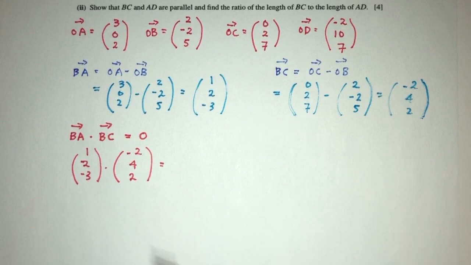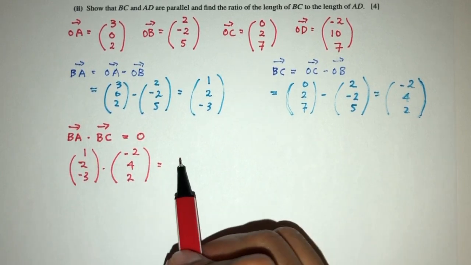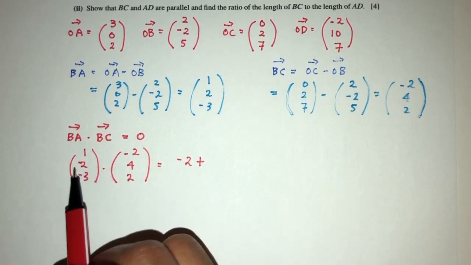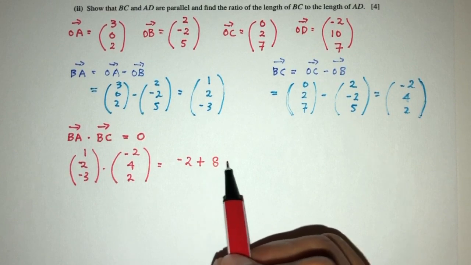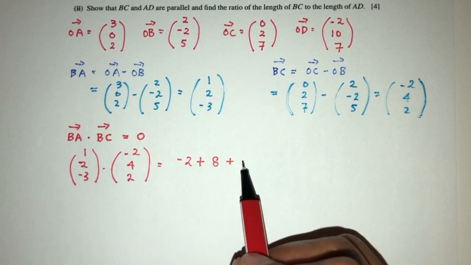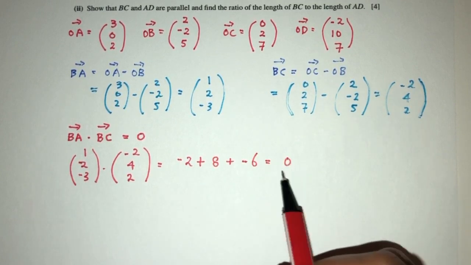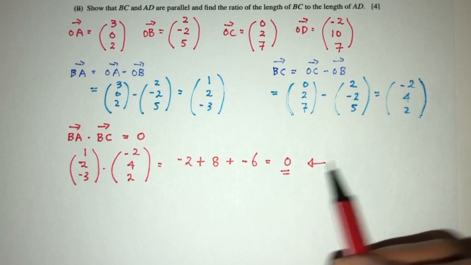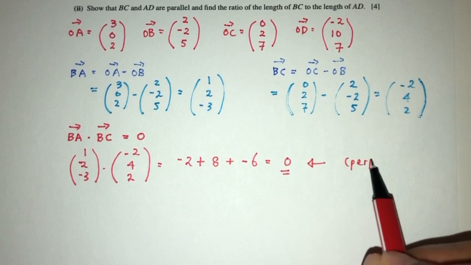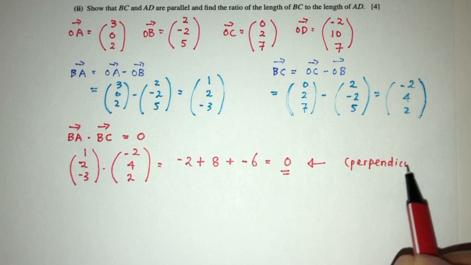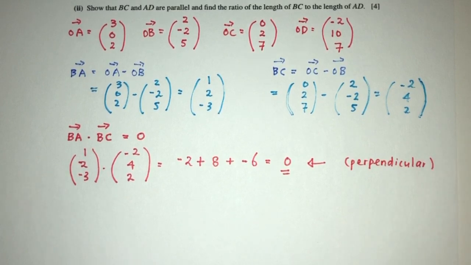Here we do it one by one. So 1 times minus 2 is minus 2, plus 2 times 4 is 8, plus minus 3 times 2 is minus 6, and this will be 0. If we see 0, this confirms it is perpendicular. That is what we know about part 1 of the question.